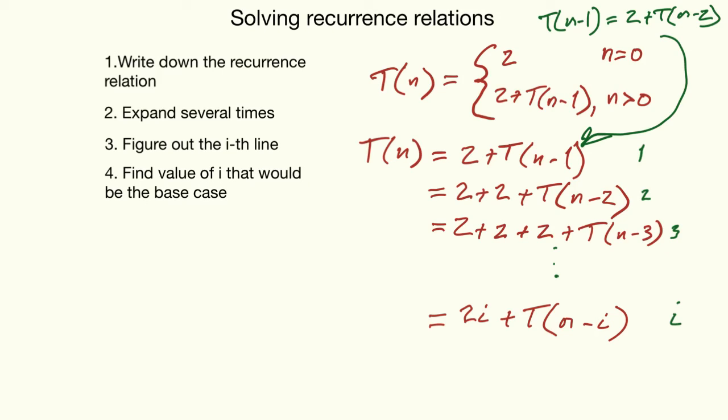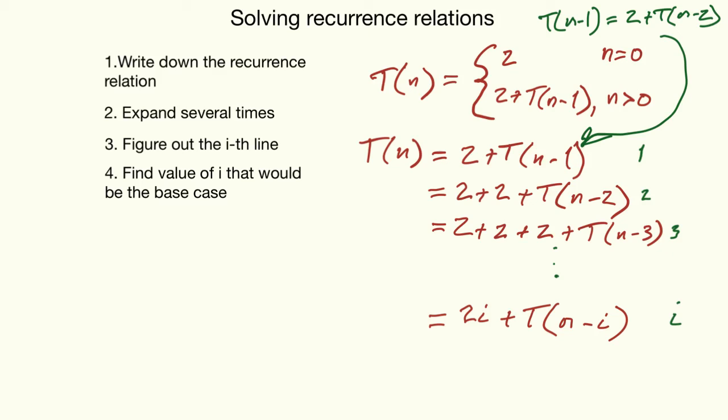Next, we have to figure out the value of i that would be the base case. The base case here is, of course, when n is equal to 0. So what would i have to be for the argument to be 0? Well, i would have to be equal to n, because n minus n is 0.